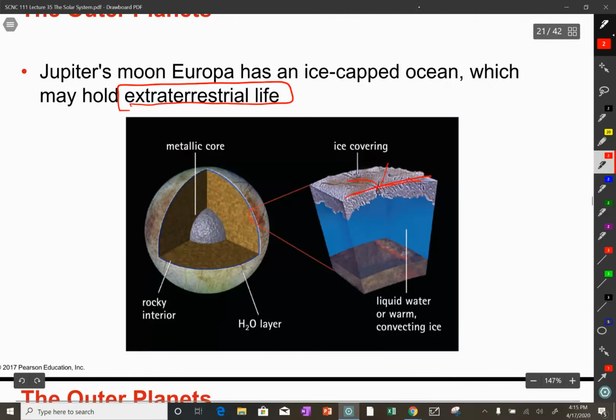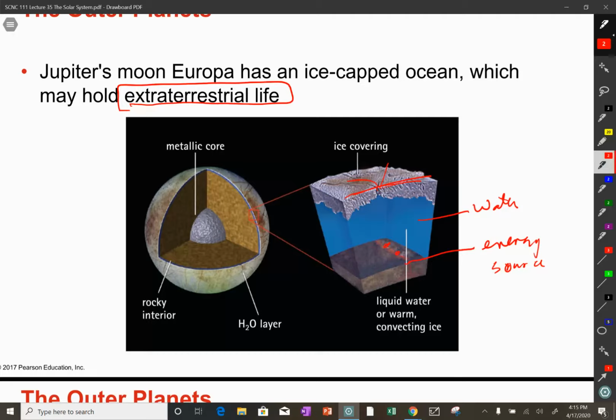Underneath there is liquid water, and it has volcanoes down there. So you have water, you have an energy source, and scientists think if you have that water and the energy source, you probably have the other chemicals necessary, and that would be a prime place for life to form. So scientists think that if they're going to find extraterrestrial life, this is a really good prospect.